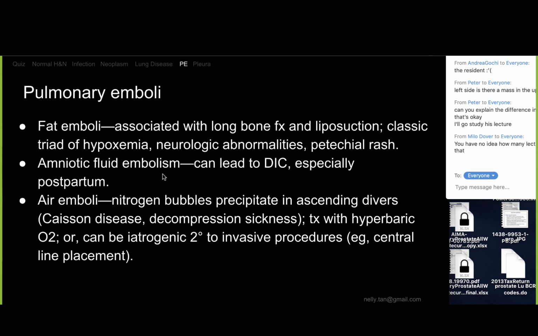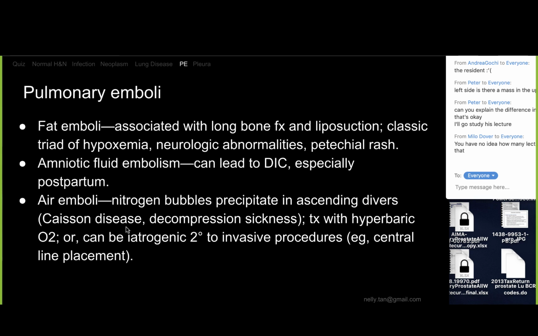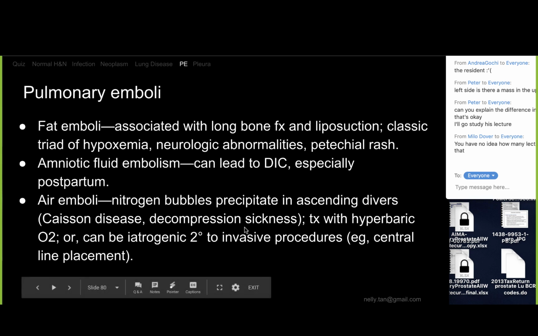Amniotic fluid embolism occurs in postpartum patients. Air emboli are one of the diseases of caisson. We see that in divers who come back up to the surface too fast. The nitrogen bubbles precipitate into their blood and can cause an air embolism. These patients are treated with hyperbaric oxygen.